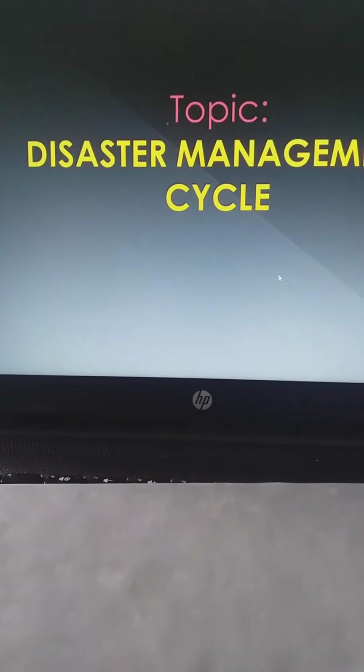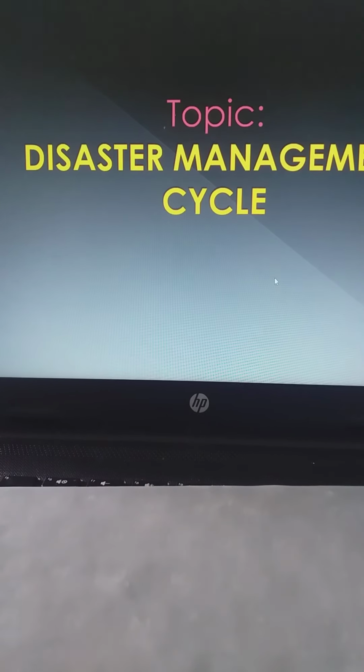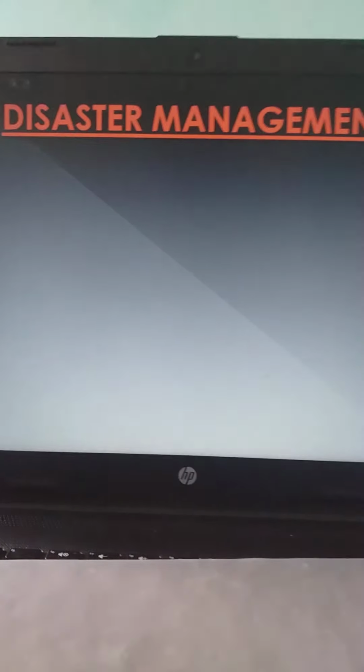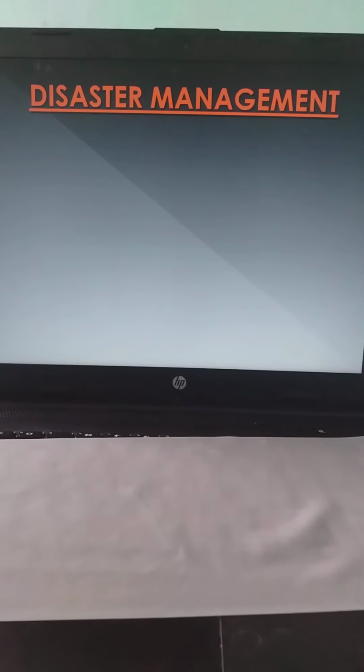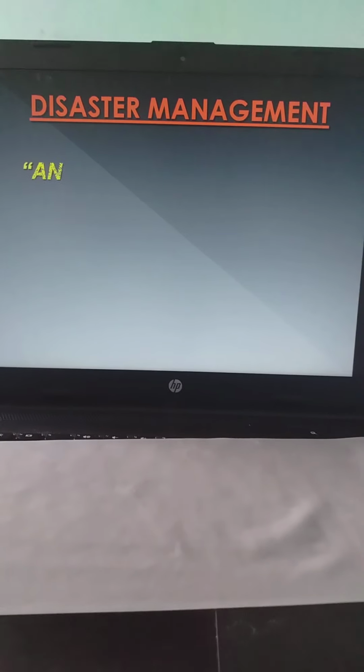Yes, this is our topic today, the disaster management cycle. And before going to that, this is actually a cycle. And before going to that, let us know the definitions. What is disaster management? So it is an applied science, and applied science is actually a practical science.